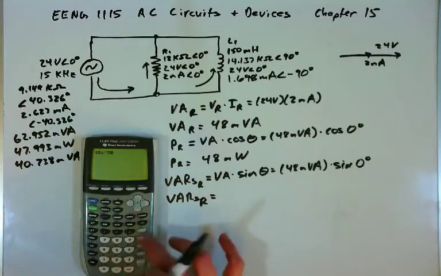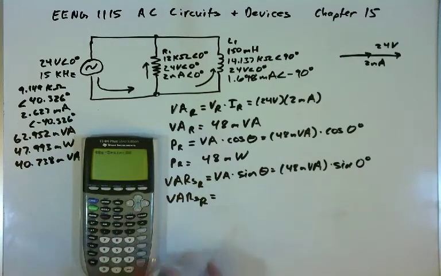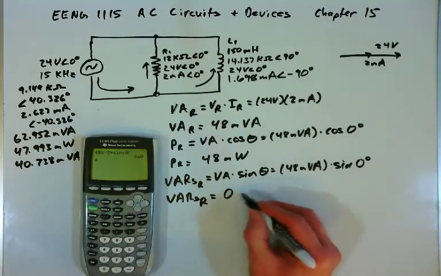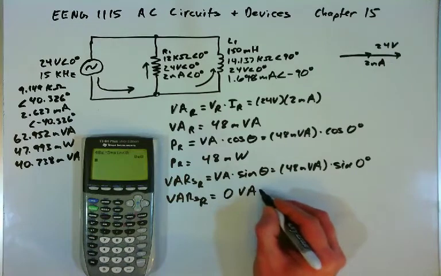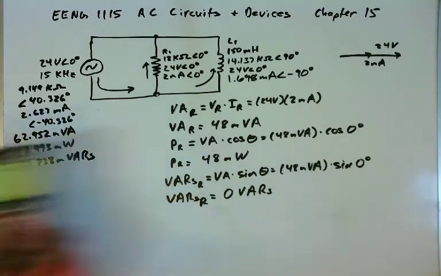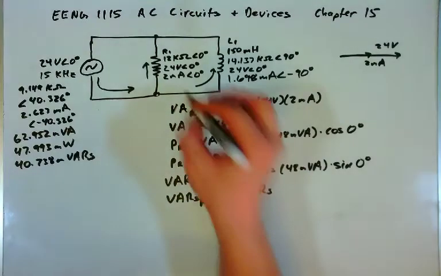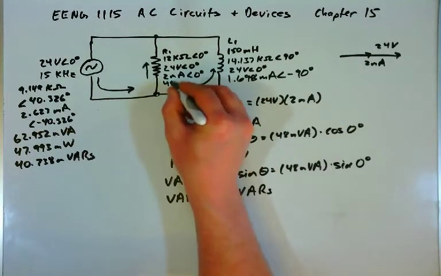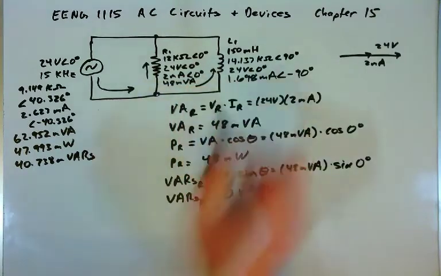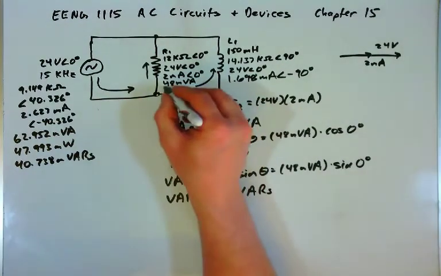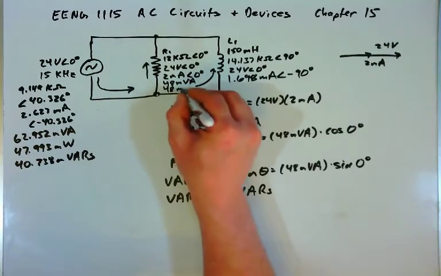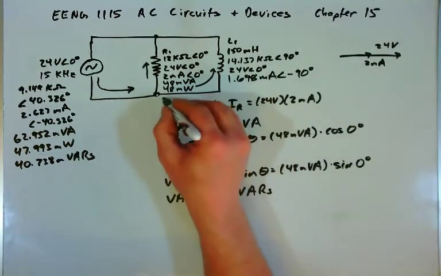We have 48 milli, multiplied by the sine of 0, and we get 0 VARs. And so I'll try to fit these answers in here. We have 48 millivolt amps, we have 48 milliwatts, and we have 0 VARs.